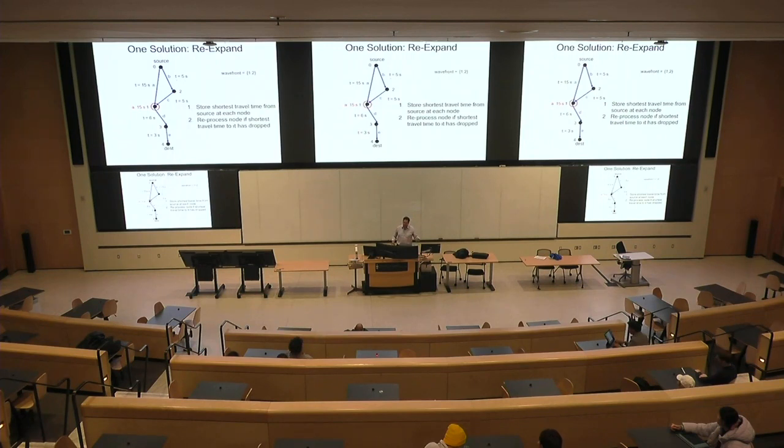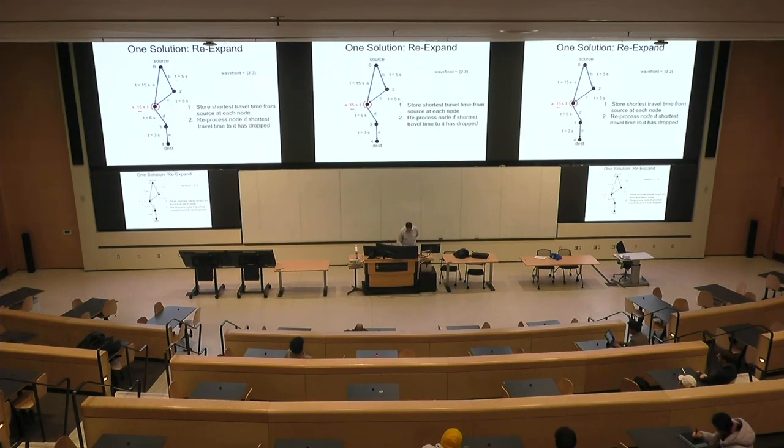So I see I've now reached you with a travel time of 15 seconds. Let's update you. Best time I've ever seen to reach you is 15 seconds. And remember, so that we can find our way back later, we can find the path, we're storing this reaching edge. So I'm storing 2 things. I reached you through edge A, and when I reached you, the travel time was 15 seconds.